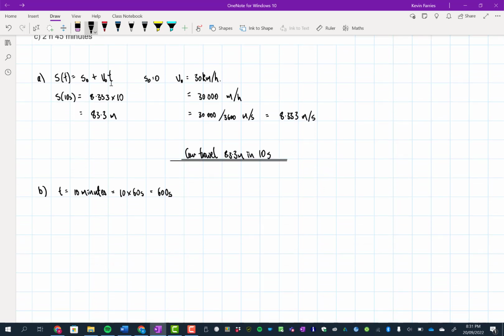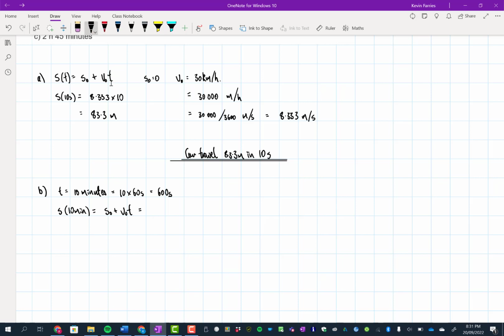Again, we've got S naught is 0, so we don't have to worry about that. So S, the displacement at 10 minutes, or the distance travelled at 10 minutes, is the same thing in this case. S naught plus V naught T is the equation we use to find displacement. So it's just the initial displacement plus the velocity, as long as it's constant velocity, times time.